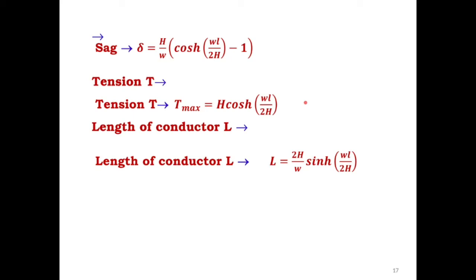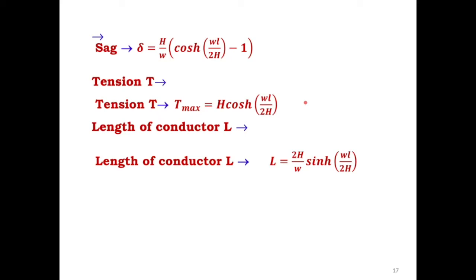So we can calculate sag, we can calculate tension at any point on the conductor, and we can calculate the maximum tension that is happening. We can calculate the actual length of the conductor, capital L. We are using small l for the span and capital L for the actual length of the conductor. They are different; capital L is greater than lowercase l.